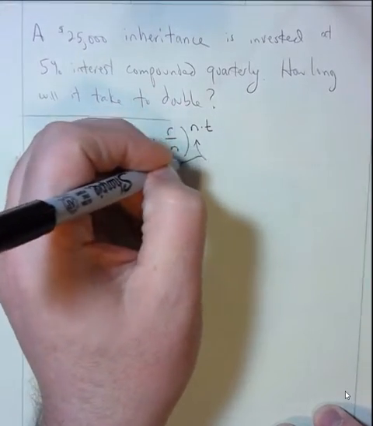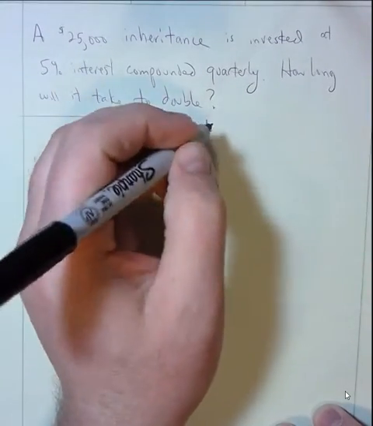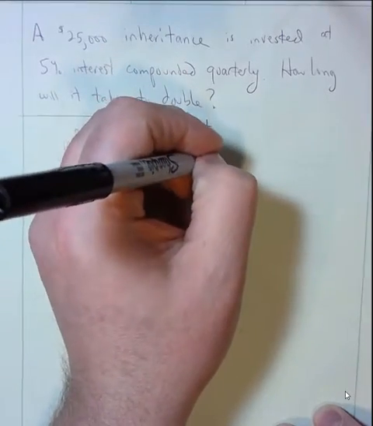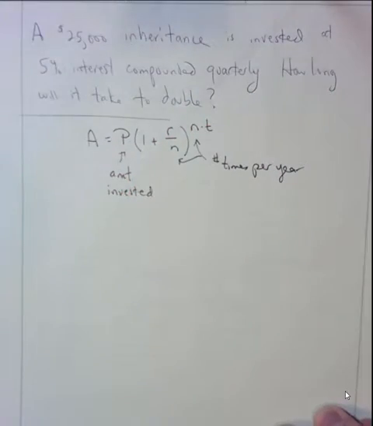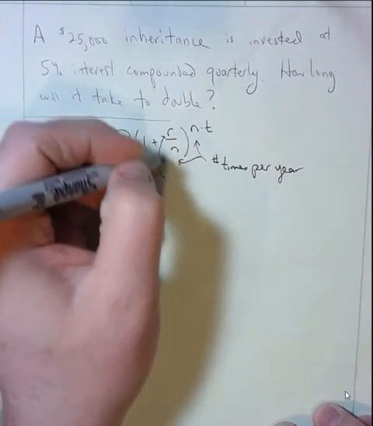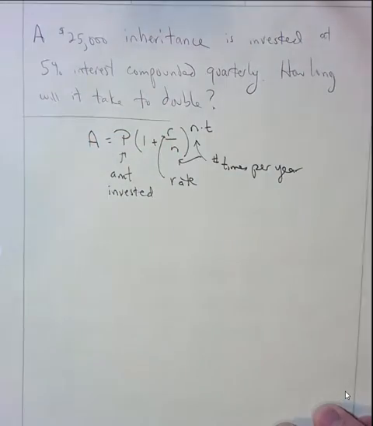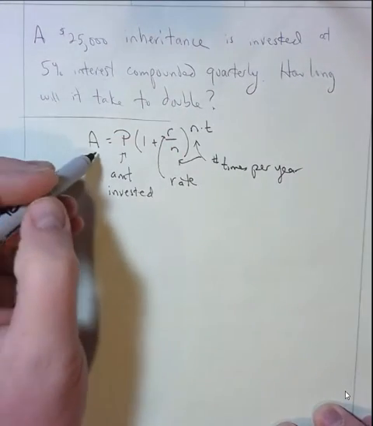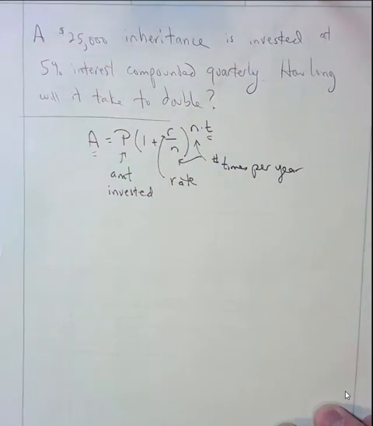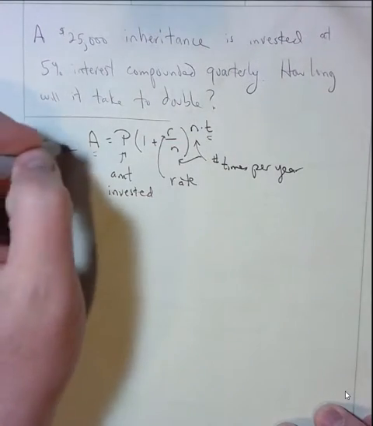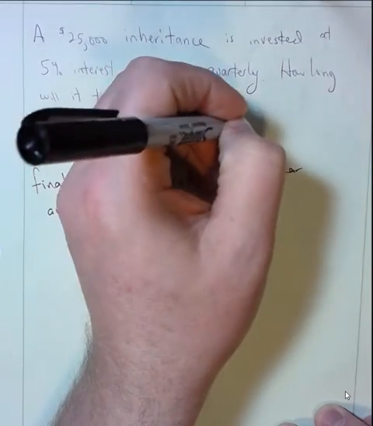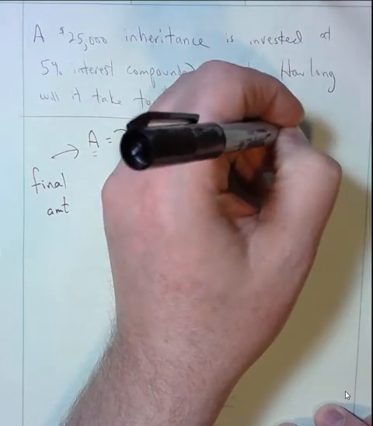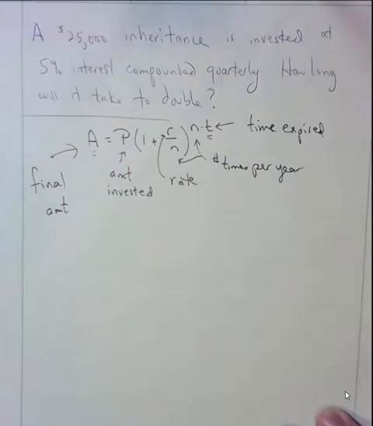This n that shows up in two places is the number of times per year that the interest is compounded. R is the interest rate. And the last pair of numbers is A and T, and these are the big payoffs. This is the final amount that's present after the certain time expired. So lots of letters, but they all have a job.